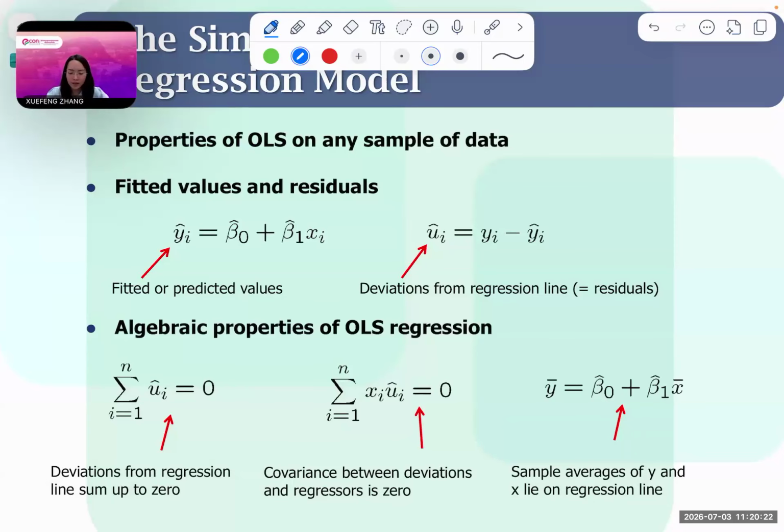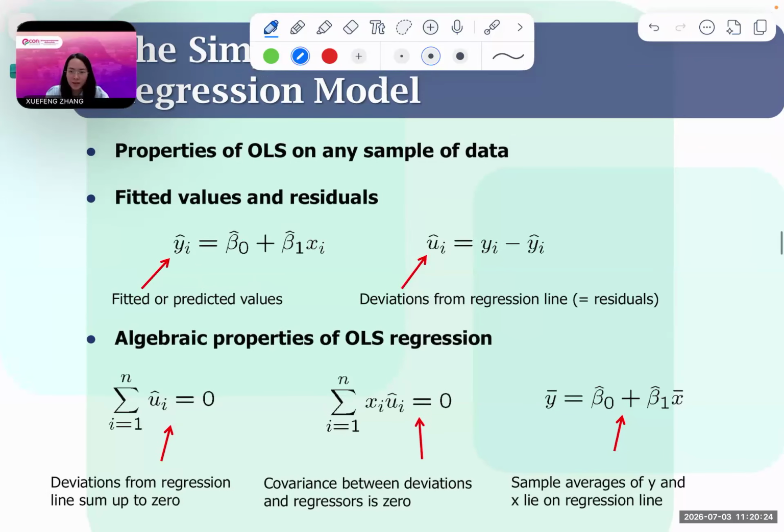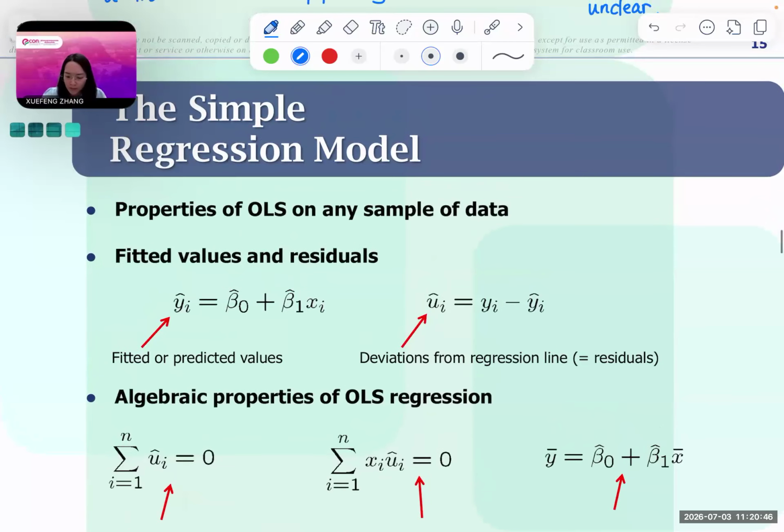Now let's take a look at some guaranteed properties of OLS, okay? Things that are always true no matter what data you use. Property of OLS means things that are always true. The first one, two definitions you already know. We have y_i hat equal beta 0 hat plus beta 1 hat x_i.